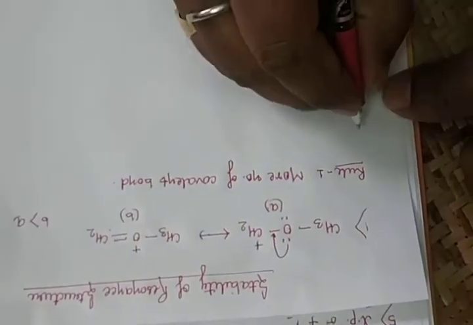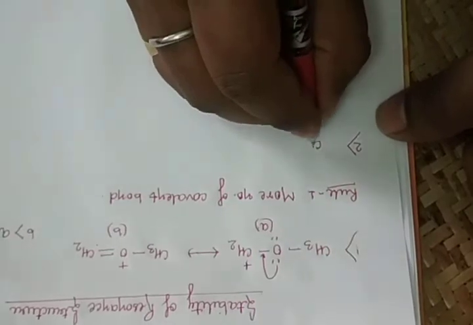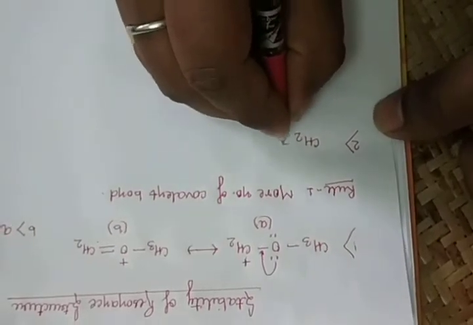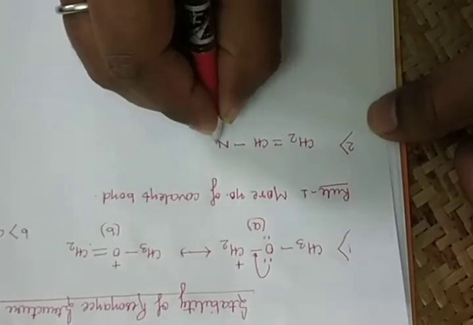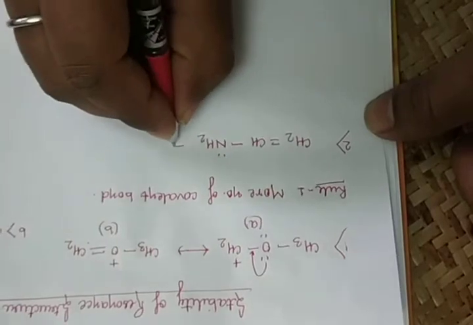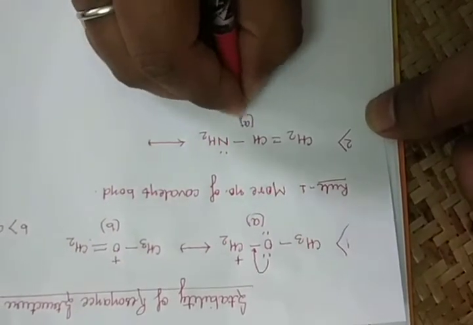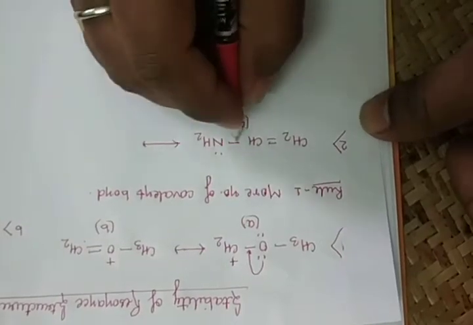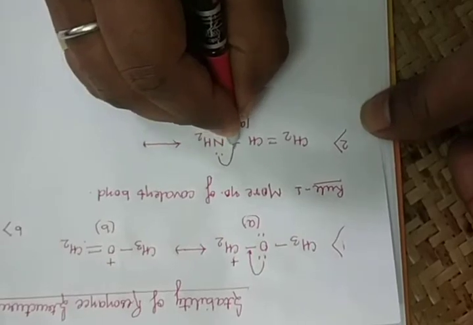Okay. Now the second example: CH2 double bond CH single bond NH2, and you know nitrogen has one lone pair of electrons. This is structure A. You know the lone pair and pi bond conjugation is there. So the lone pair donates one electron, and the pi bond donates one electron.